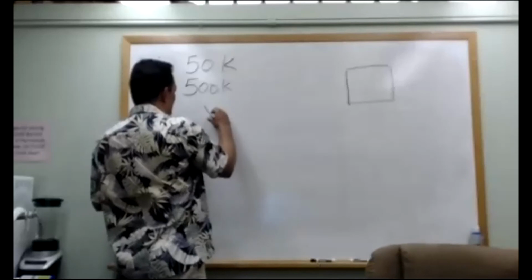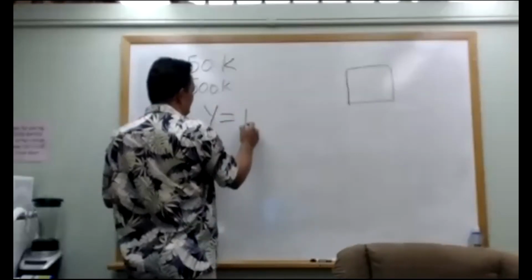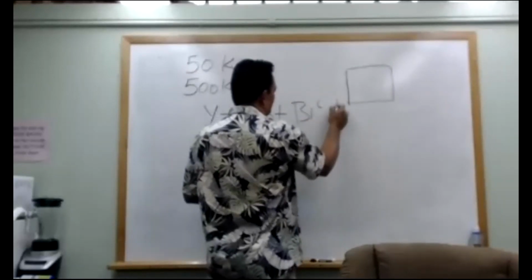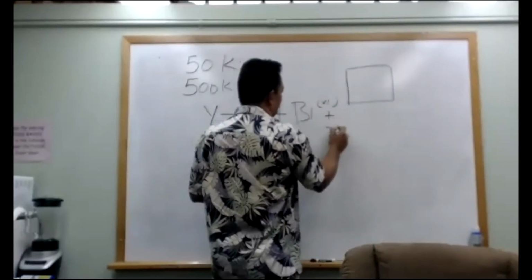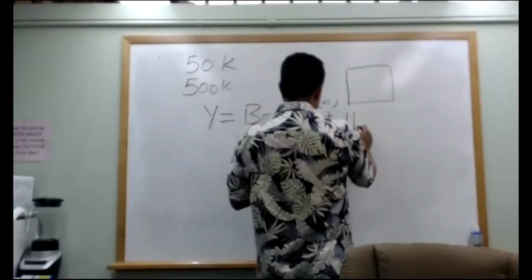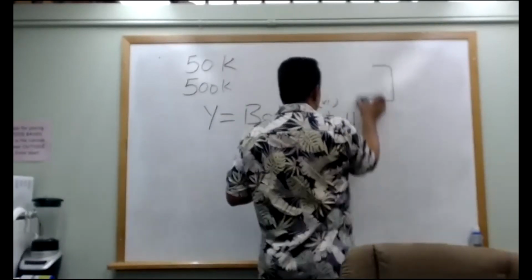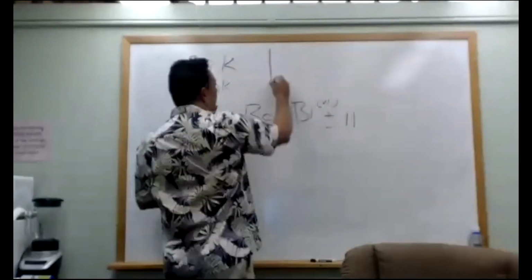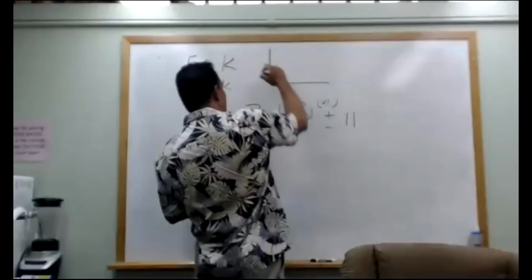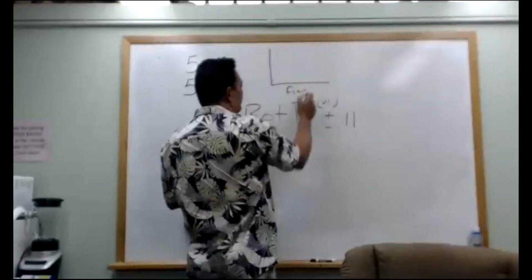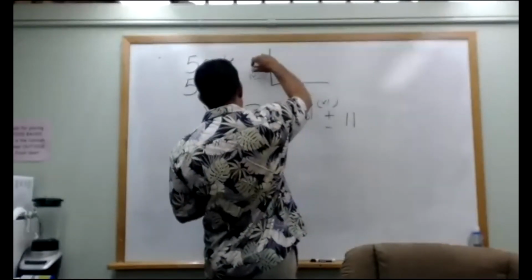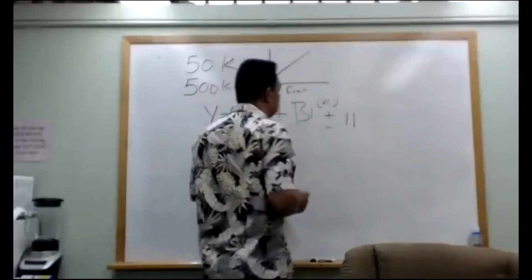So Y equals B0 plus B1 times X1 plus or minus 11. What we're implying is that the more square feet we have of shelf space, the more revenue we'll make. Okay?